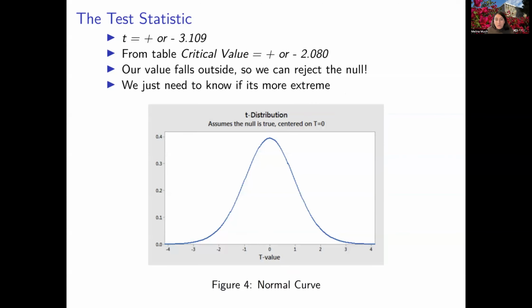Okay, and we know based on this number line that our plus or minus 3.109 is outside of that critical value window between plus or minus 2.080. Okay, so we just need to know if it's more extreme or not.